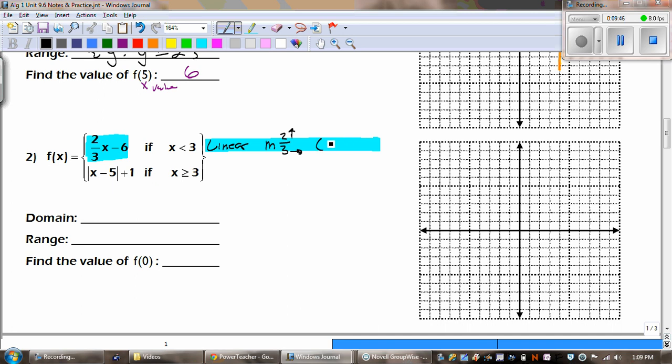And we start at 0, -6. Okay, so let's go ahead and do that. At 0, -6, then I go up 2 over 3, up 2 over 3, up 2 over 3. And remember that we need to go in both directions.